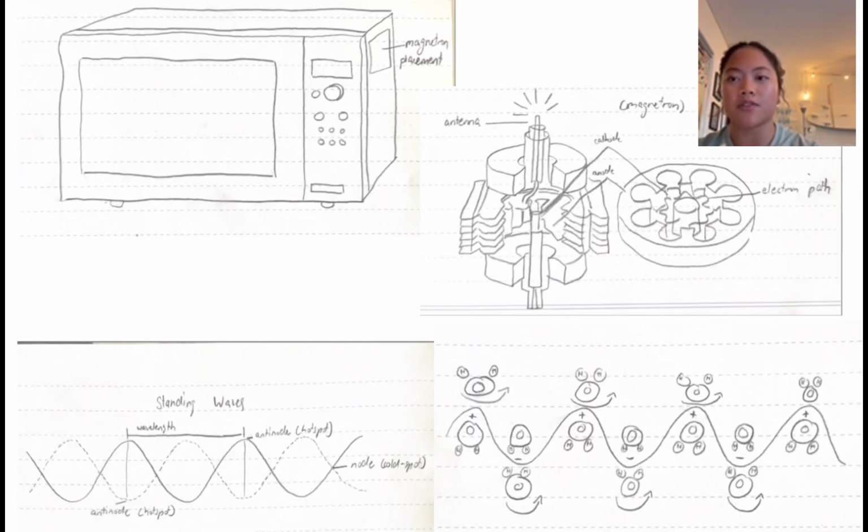In the top left, you can see a sketch of a microwave and the placement of the magnetron within it. In the top right corner, you can see a sketch of the magnetron itself and what is producing these waves.